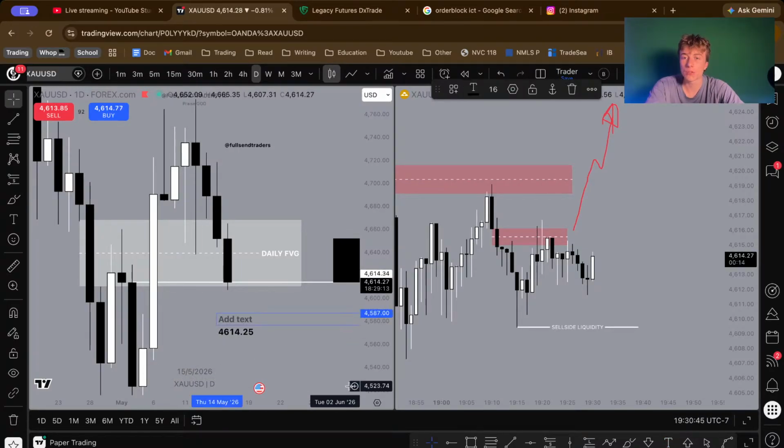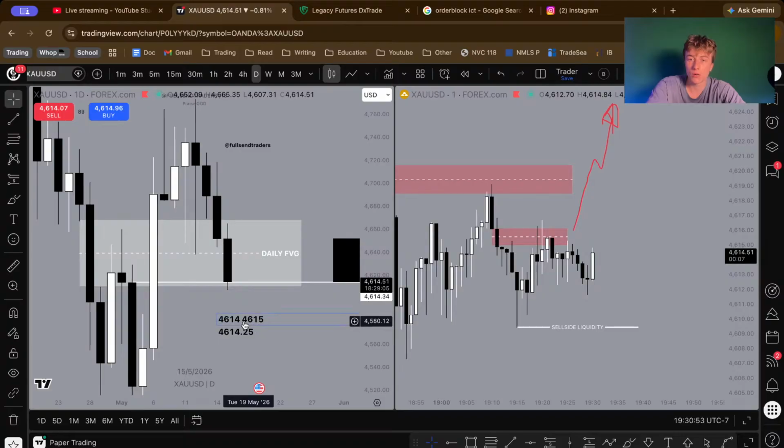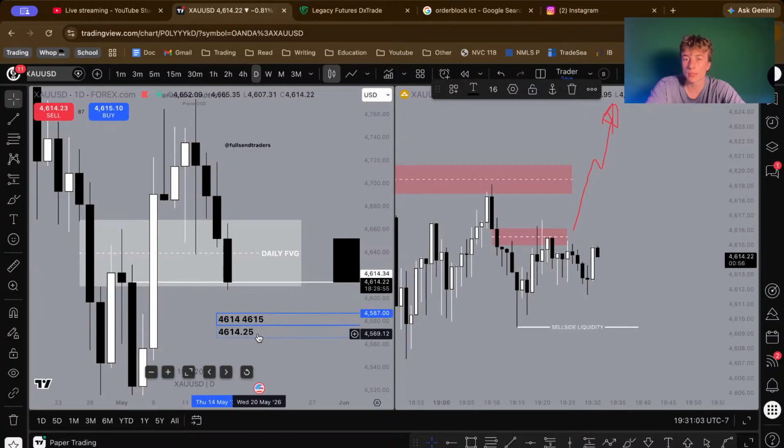Every time it goes from 4614 to 4615, we have moved a total of 1 tick. If it goes from 4615 to 4616, we have moved 2 ticks, 2 pips. The number after that is going to be the micro pips or micro ticks.